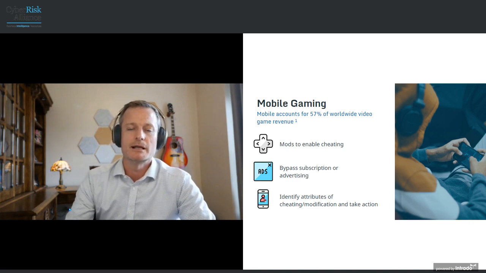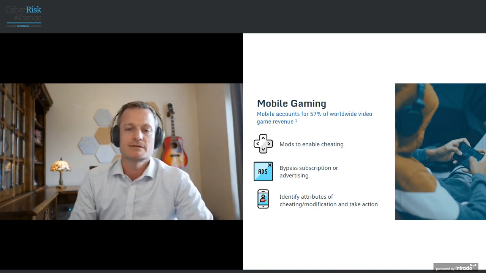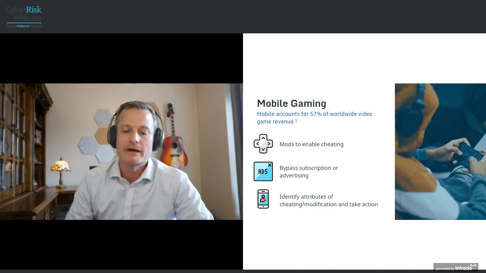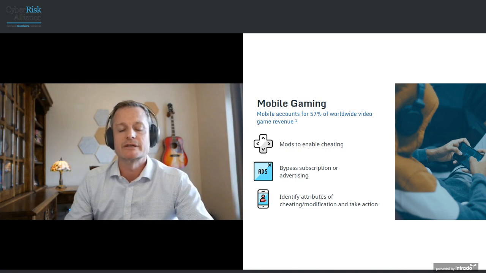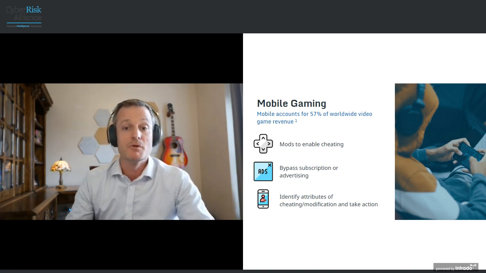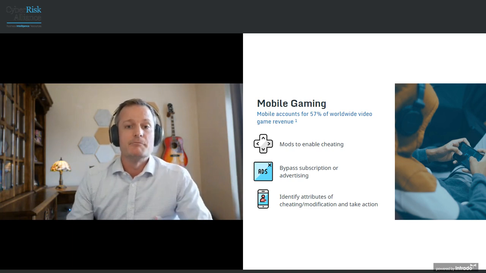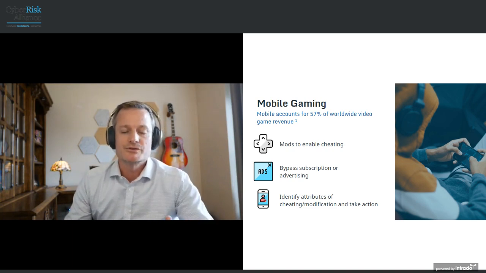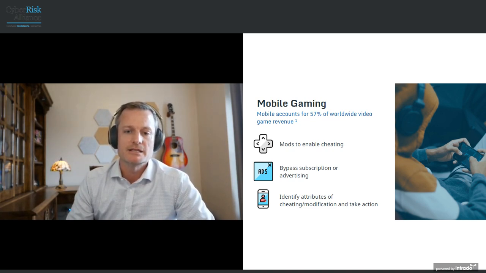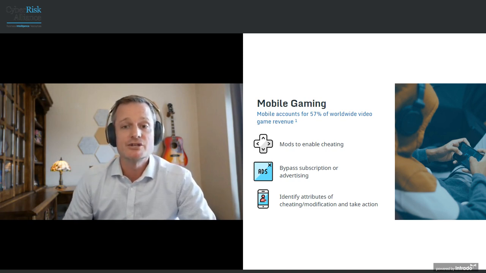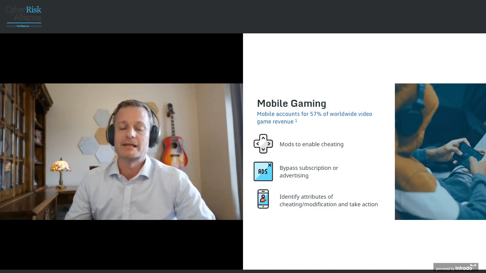If you think about big multiplayer games like PlayerUnknown's Battlegrounds or Fortnite, I guess, the most prolific multiplayer games on mobile at the moment, these games rely on a competitive environment where users are competing with each other. And when users start to modify those games and introduce hacks or cheats that give them a competitive edge, that starts to really erode the competitiveness of the game for everybody else.